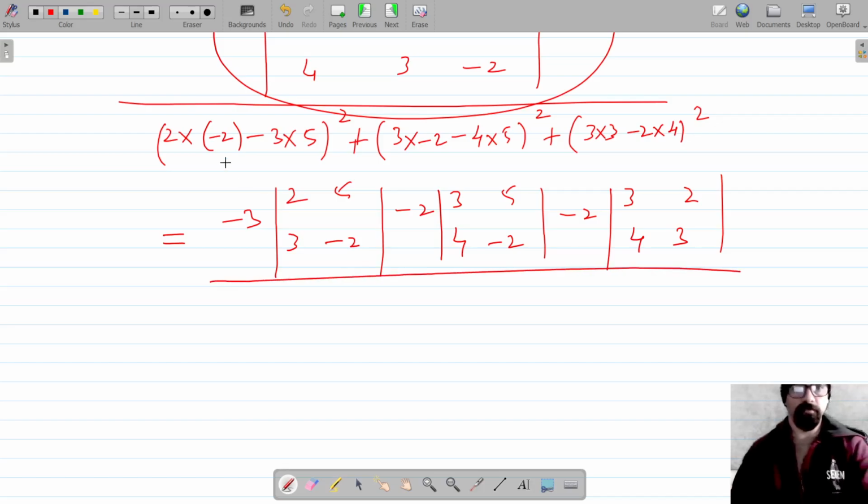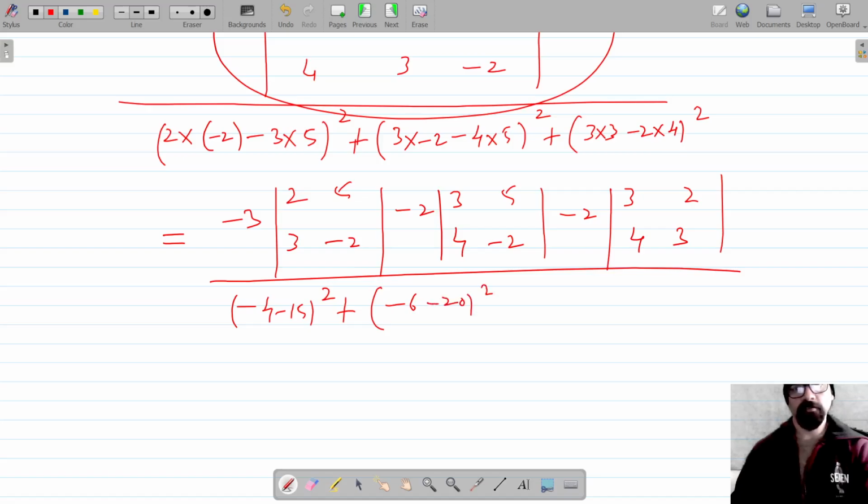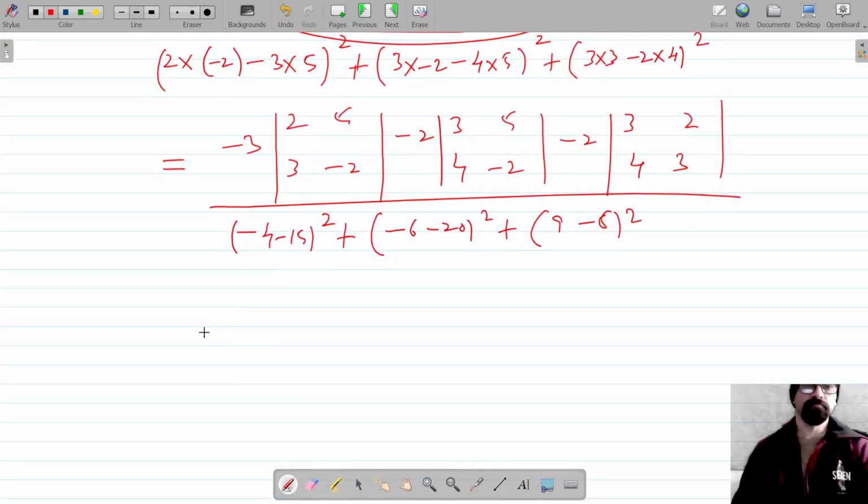Divided by the square root of -4 minus 15 the whole square plus 20 minus -6 the whole square plus 9 minus 8 the whole square.